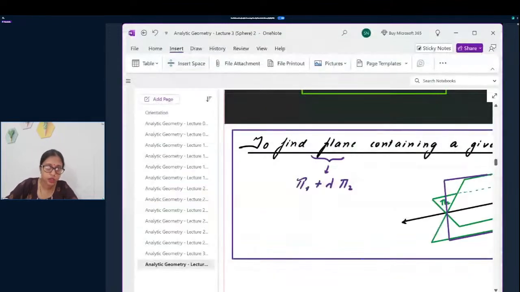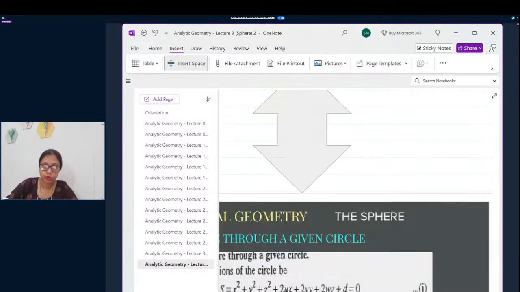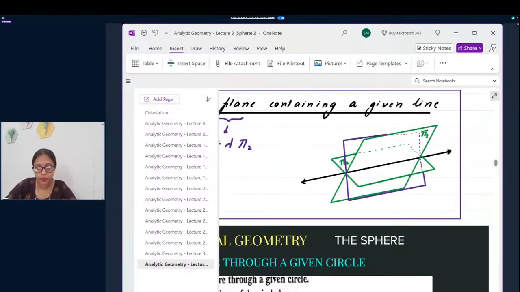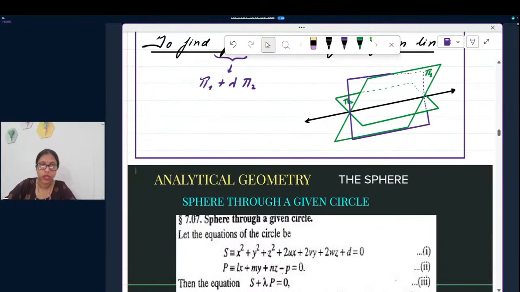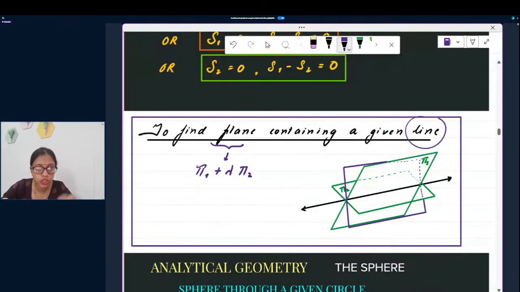This revision of the concept was just for the next article. So basically, given was a one-dimensional object, a line, and I have extended it. I have found a plane containing that line.